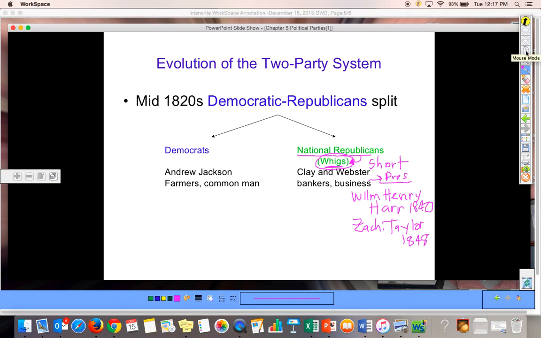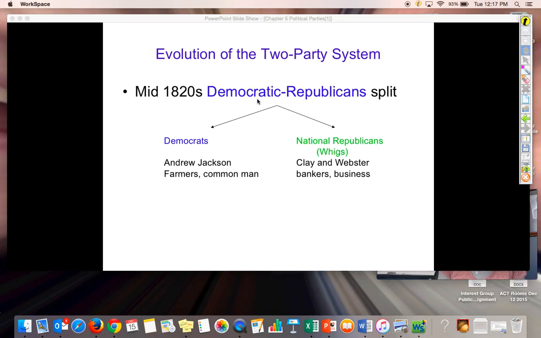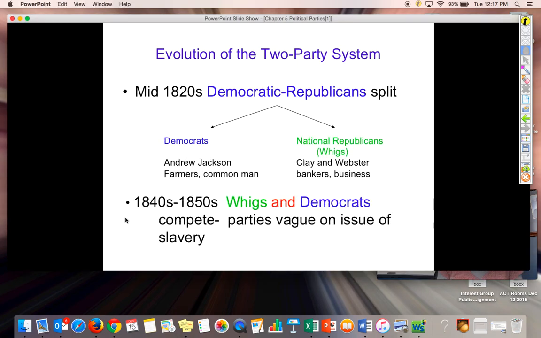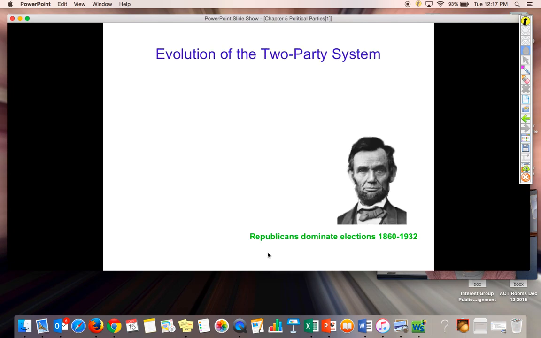So with this era, and we're still in the very first era of party development, what we will see is with this split to the Democrats and to the National Republicans, the Whigs and the Democrats will compete for quite a while. But we are going to have a critical election come up in 1860, and the critical election surrounds the issue of slavery.